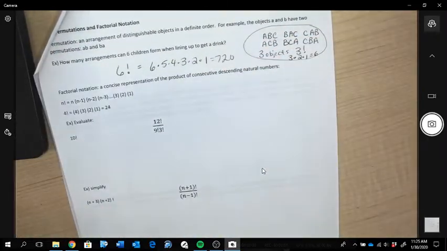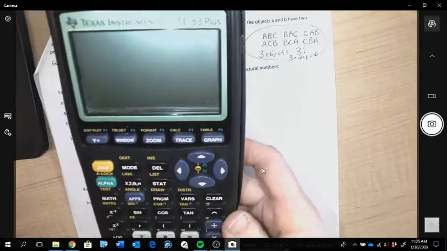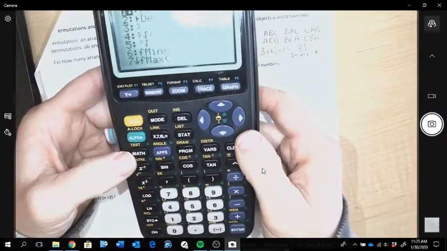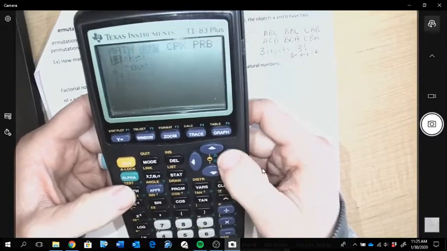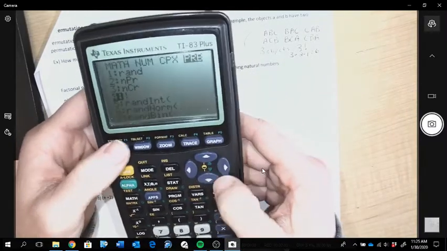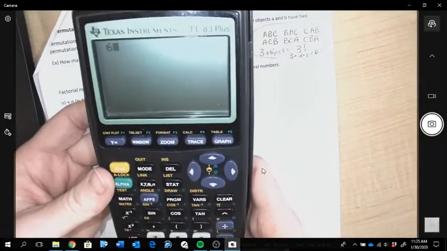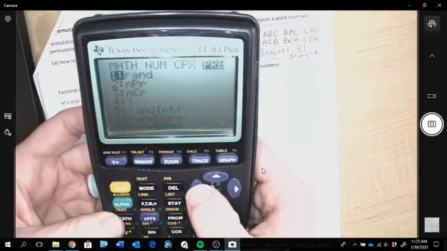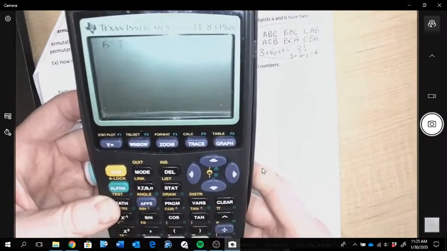In your graphing calculator, this button is in your math under probability. So I have to type the 6 in first, so 6, math, probability, and then factorial.